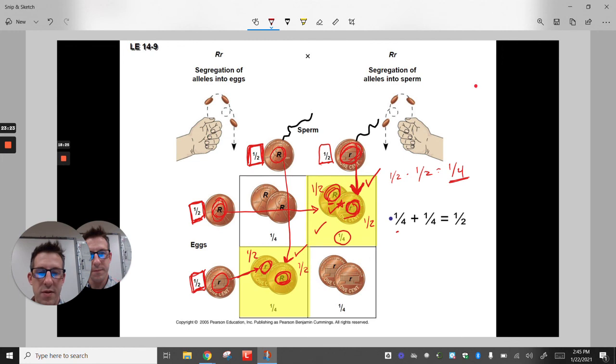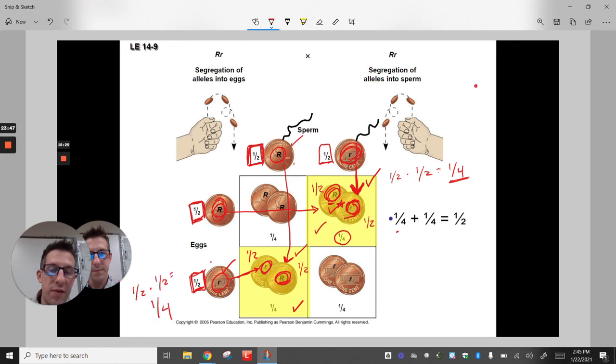We want this R and this r together in the same baby, so we multiply the individual probabilities. 1/2 for the big R times 1/2 for the little r equals a 1 in 4.